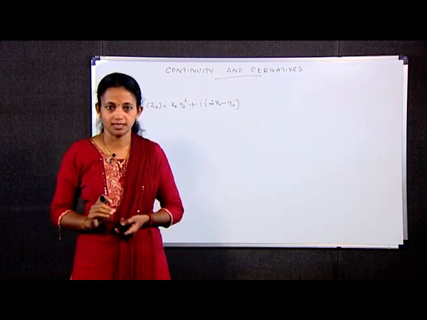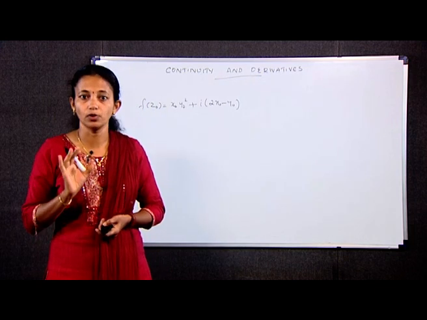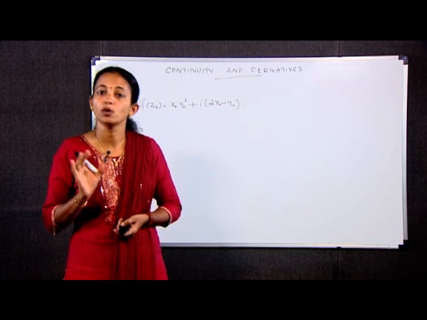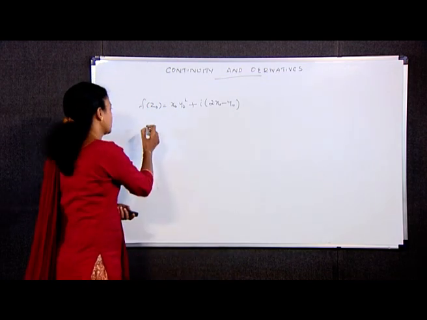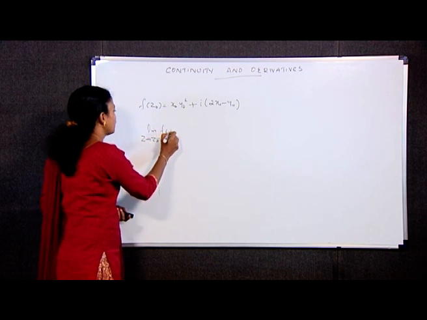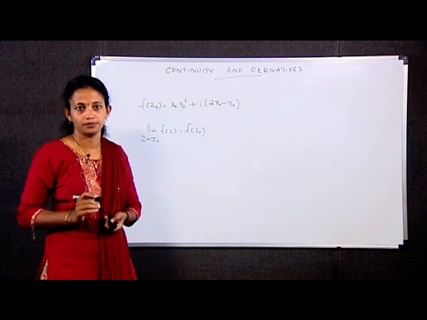This one exists. And also limit z tending to z0 of f(z) is equal to x0 y0 square plus i (2x0 minus y0), which is equal to f(z0). That is, limit z tending to z0 of f(z) is equal to f(z0).